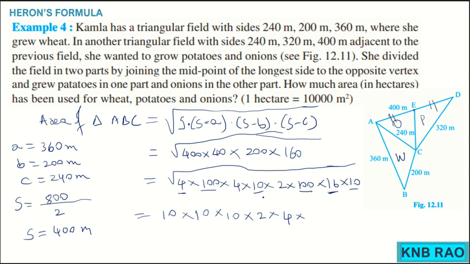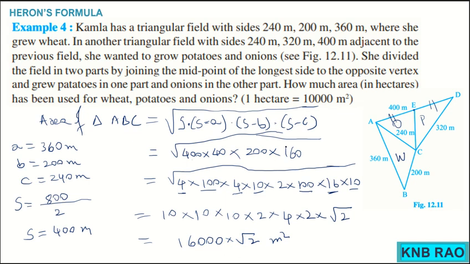Now amongst these, again for this 4, 2 will come out. Amongst these numbers, 2 is a non-perfect square which will remain inside the square root. So 10 into 10 into 10 is 1000, 2 into 4 into 2 is 16. So 16,000 root 2 meter square is the area of triangle ABC.